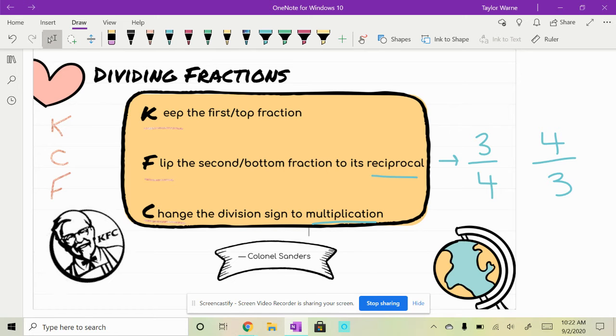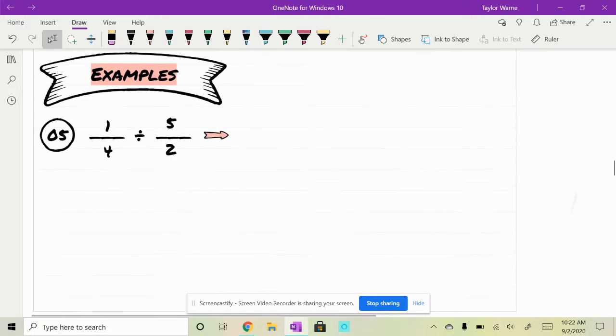Okay, so let's do an example of a division problem, and then we'll talk about why that method is allowed, why we're allowed to keep, flip, change. Okay, so in our first example here, we have 1 divided by 4 divided by 5 divided by 2. So a lot of division going on in this problem. Okay, so we're going to apply our keep.